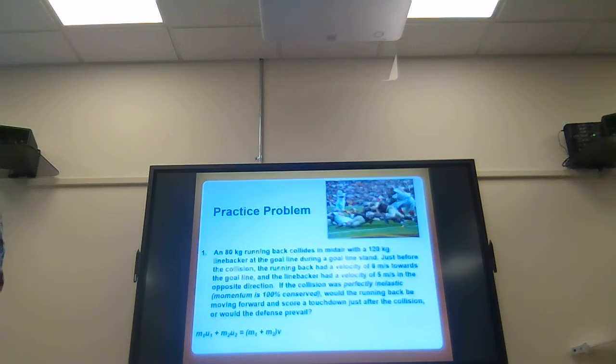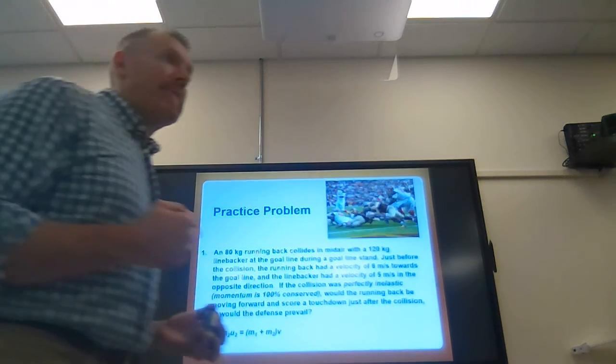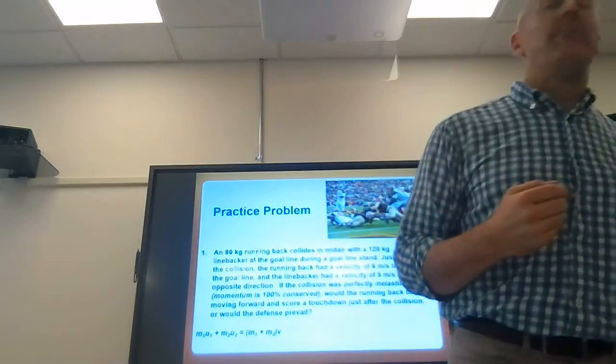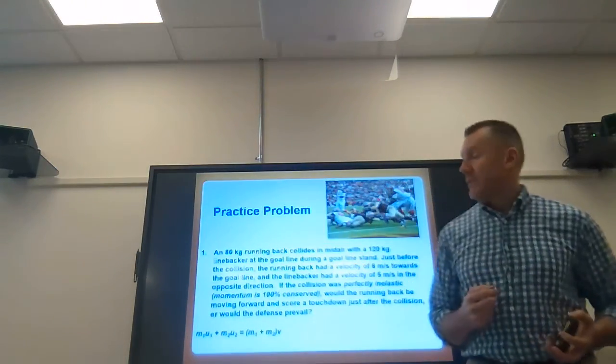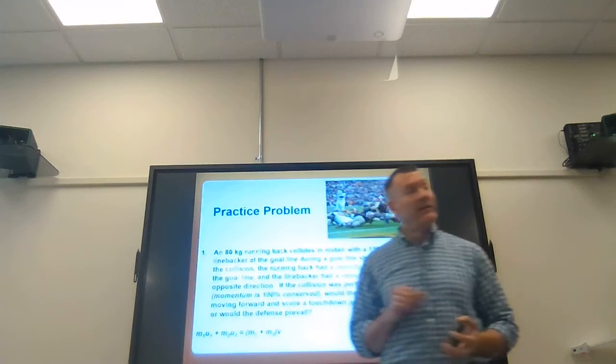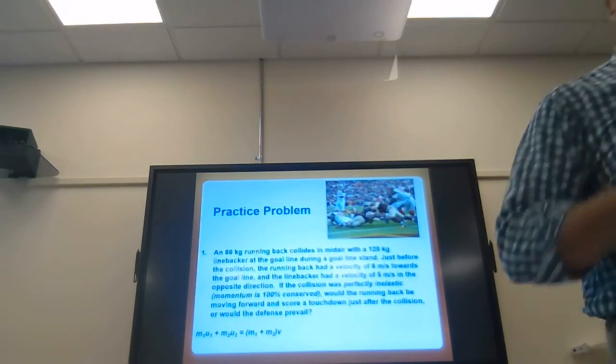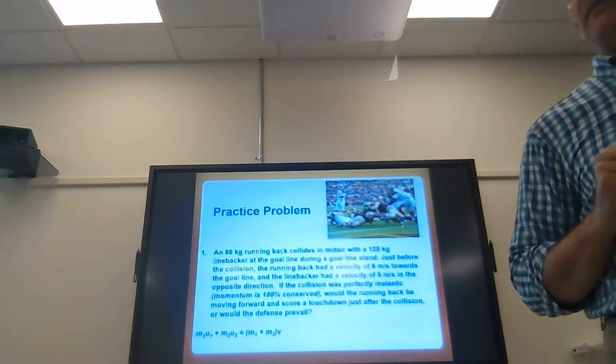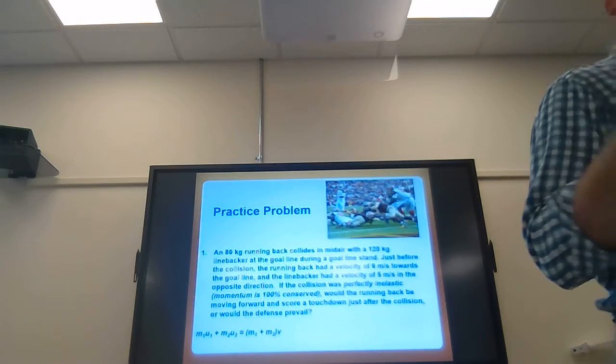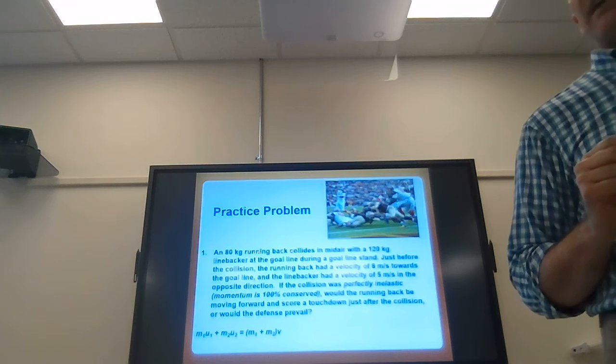So 120 multiplied by negative 5 is what? Yeah, negative 600 kilogram meters per second. You put those two together: you add 480 kilogram meters per second, and you subtract 600 kilogram meters per second.